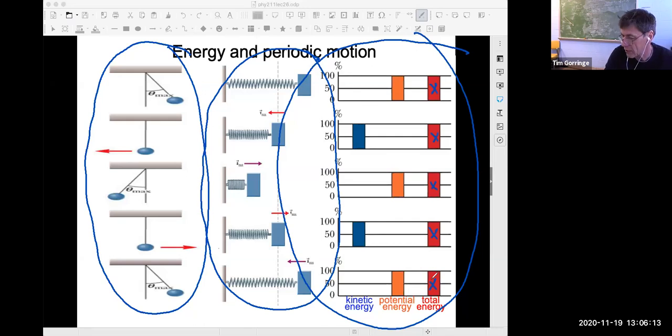And in both cases, that total energy in general is some combination of kinetic energy, because you typically got something moving, and some combination of potential energy, because you got some form of potential energy like gravitational or spring potential energy. Now, what you see here is that the total energy, the red bar, remains the same all the time. It just doesn't change.